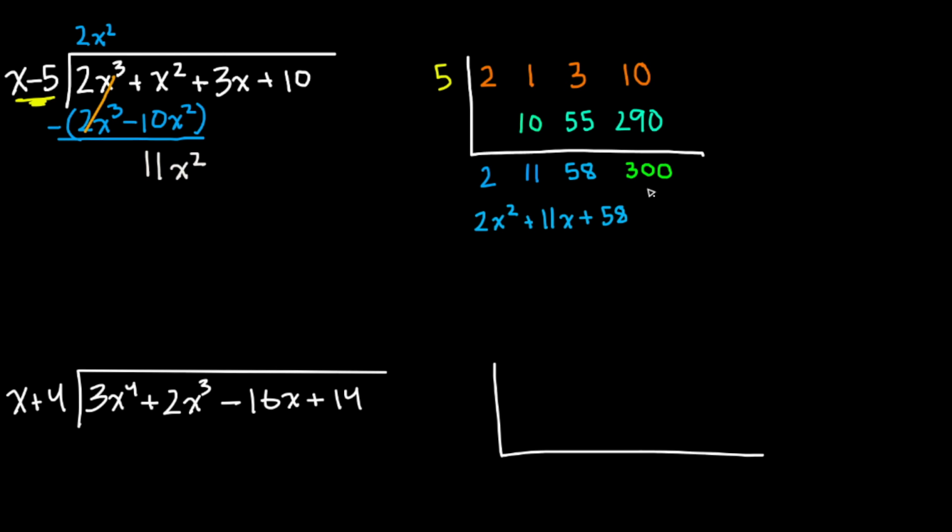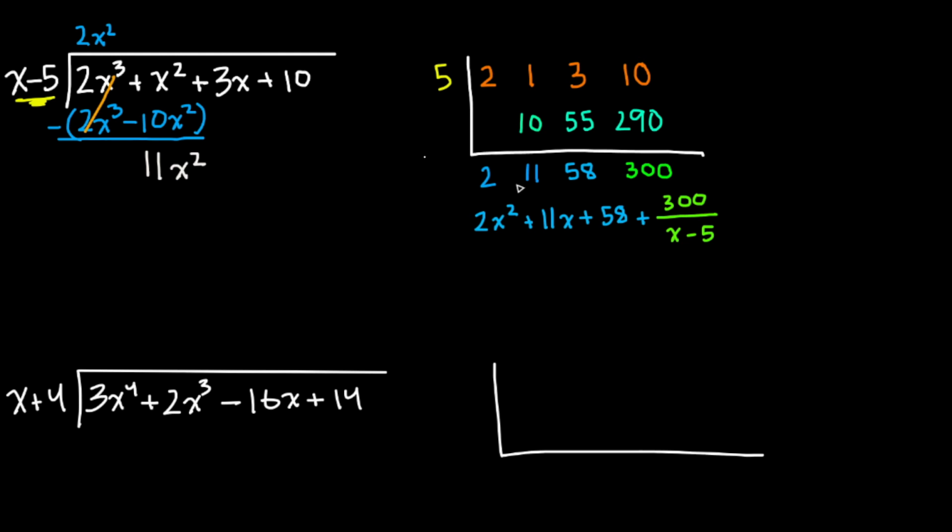And now, since we have an extra 300 over here, as we saw in the previous video, we're going to write that in a special form as 300 over what we divided by. So that was 300 over x minus 5.